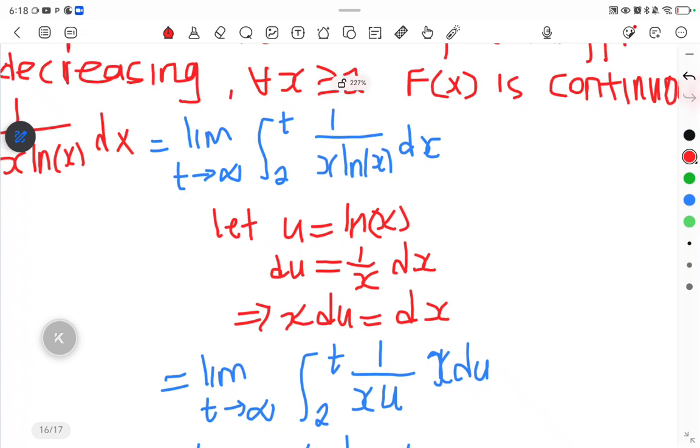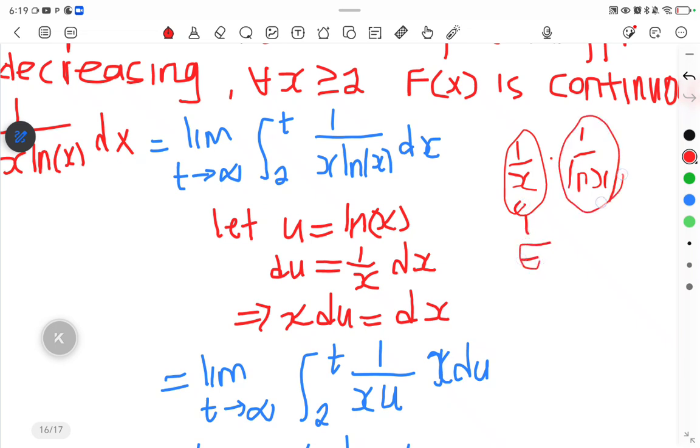Let's say I let u be what you choose. Here I'm given two functions, 1 over x times 1 over ln x. One function is easy to derive, one function is difficult to derive. I always let u be the difficult one to derive.